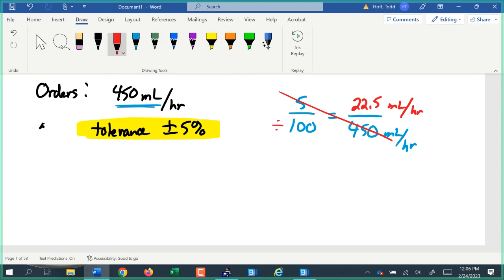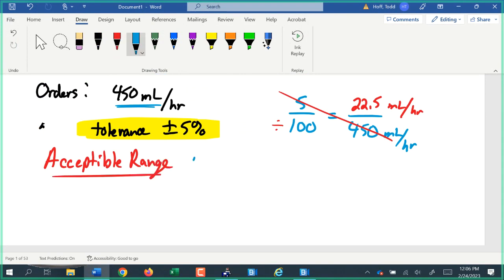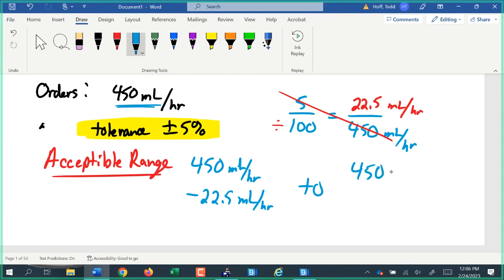So that means the acceptable range for that flow rate is from 450 milliliters per hour minus the 22.5 milliliters per hour to that order of 450 milliliters per hour plus that allowance of 22.5 milliliters per hour.